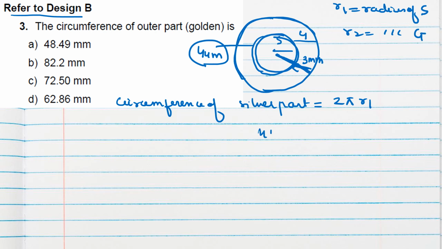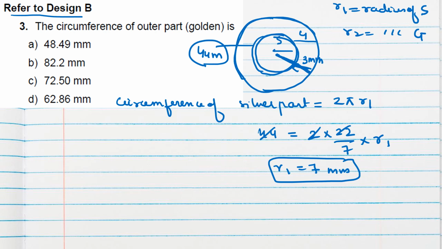So this is given as 44. We can write all these values. So 22 by 7 into 44 will go directly, R1 will be 7 millimeter. So tell me what will be R2 then? This is 7. If we add the width, which is given, the width of the gold part is given as 3. If we add R1 and 3, we'll get R2, right?